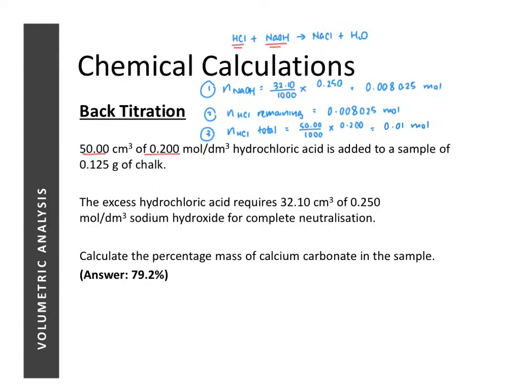Okay, so we have found the total number of moles of hydrochloric acid. We have found the amount that was remaining after it had reacted with the chalk, with the calcium carbonate in chalk. So with that, we can find the number of moles of HCl that had reacted with calcium carbonate by taking the total minus the amount that was remaining.